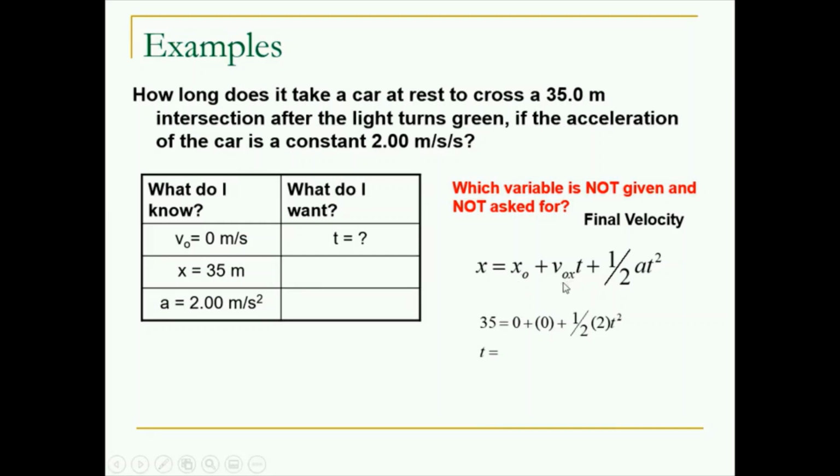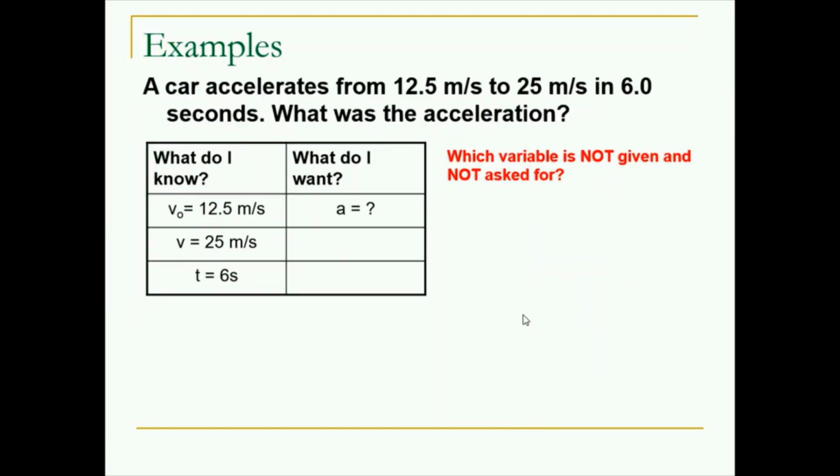If our velocity initial is 0, this is also going to be 0. And then we have 1/2 times 2. If we do 1/2 times 2, that gives us 1. And then to finish, we would have to take the square root of 35, which should give us 5.9, really close to 6, 5.92 seconds to be exact on that one.